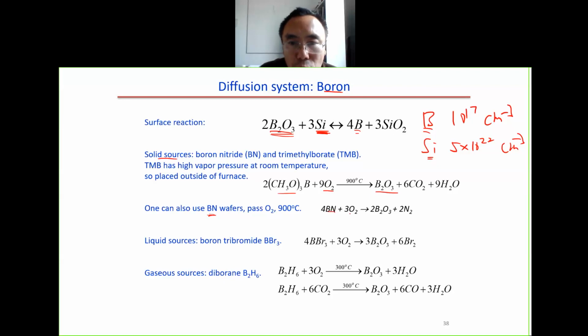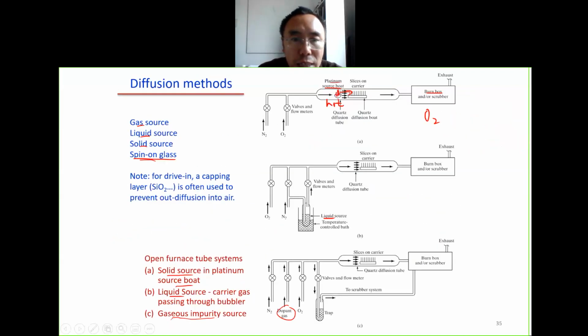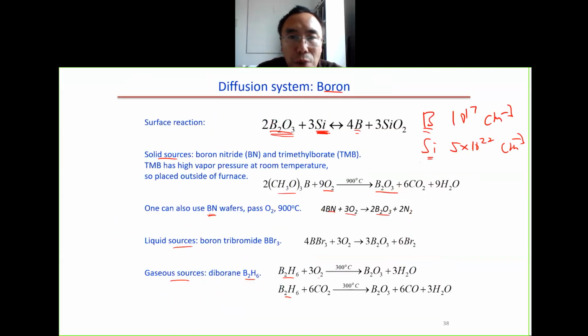The boron nitride reacts with oxygen to form the same thing. For the liquid source, BBr3, this one is liquid. For the gas source, it is diborane, as we said before, with oxygen or CO2. So you can see here, we have oxygen here and oxygen here. So in all the dopant processes, we need oxygen to form this boron oxide.